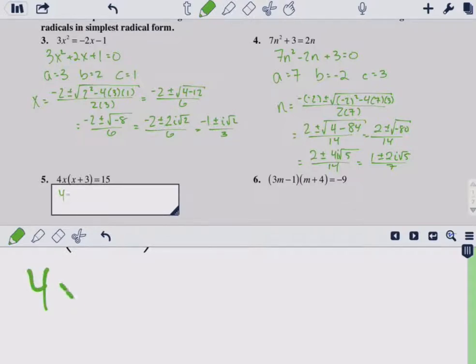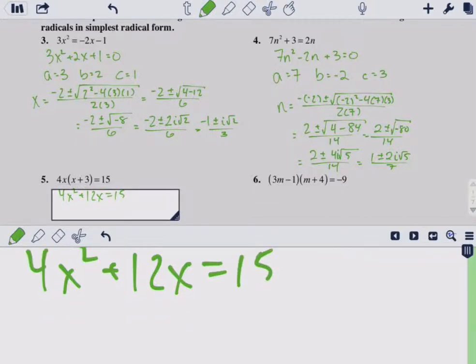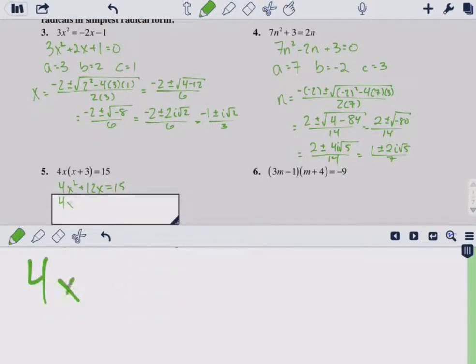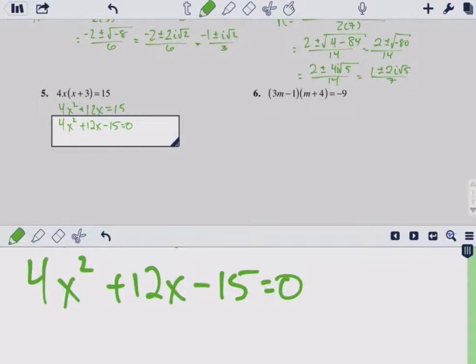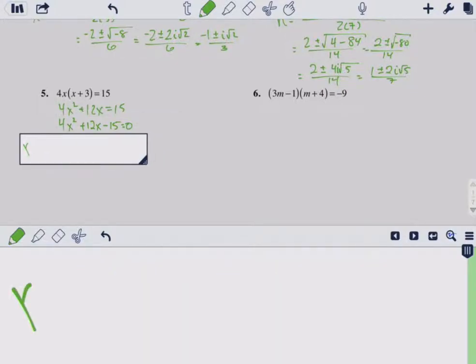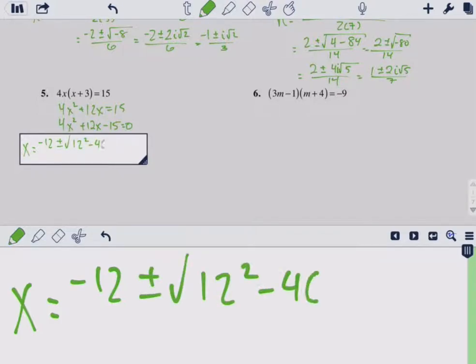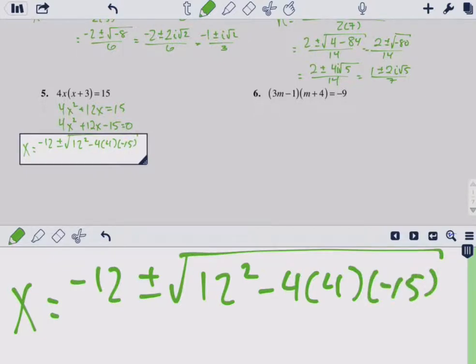Okay, again, we've got a quadratic, but in this case, I need to distribute the 4x first. Then I need to subtract the 15 first. Now, I can use the quadratic formula. x equals negative b plus or minus the square root of b squared minus 4 times a times c, all over 2a.